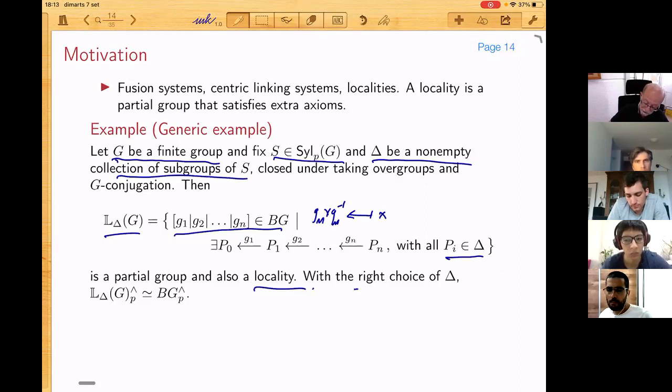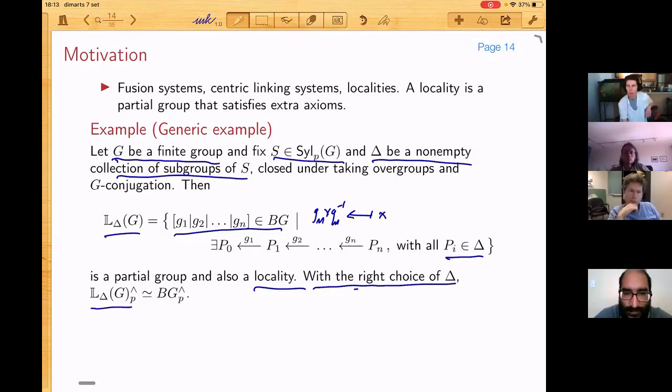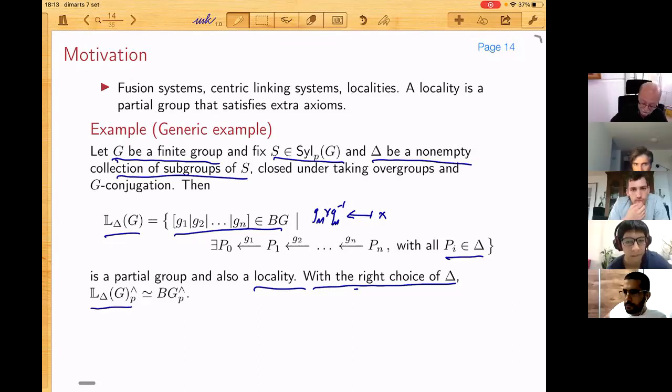With the right choice of this family, you can prove that the p-completion of this simplicial set recovers the p-complete classifying space of the group. The point of this is that there are saturated fusion systems which are not obtained from finite groups.